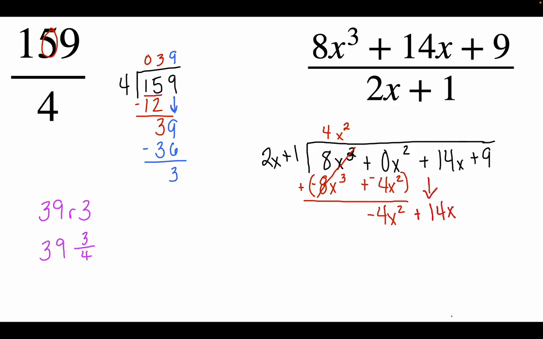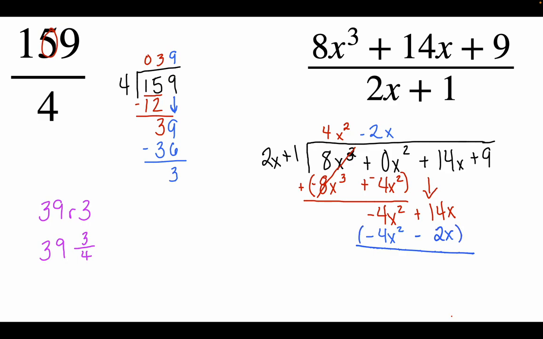Okay, now I look at this negative 4x squared. Well, to multiply 2 by something to get a negative 4, that's going to be a negative 2. And to get x to an x squared, I'm going to multiply by x. So negative 2x times 2x is negative 4x squared, and negative 2x times plus 1 is a negative 2x.